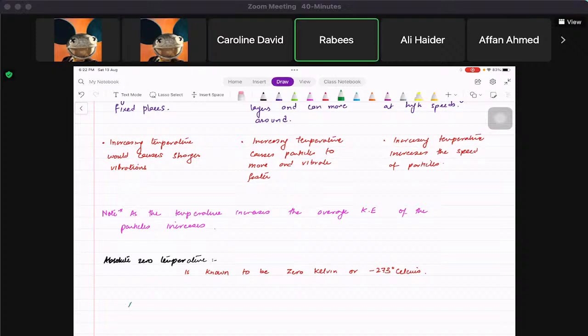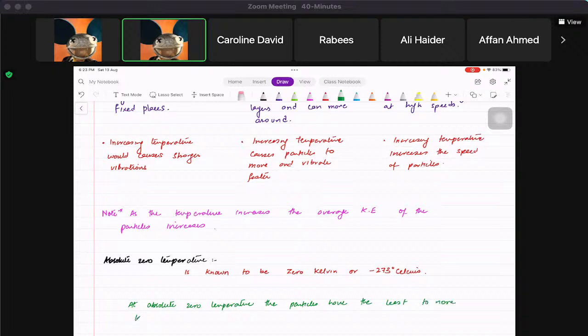At absolute zero temperature, the particles have the least to no kinetic energy left.